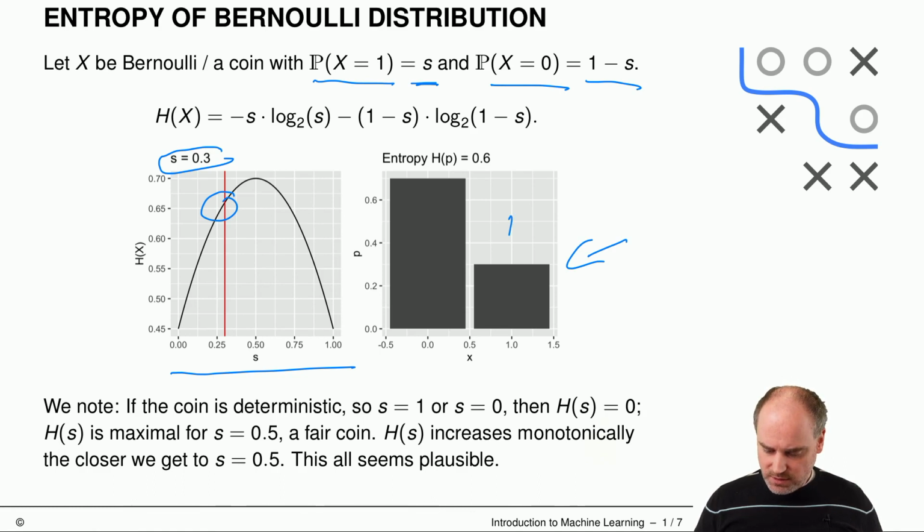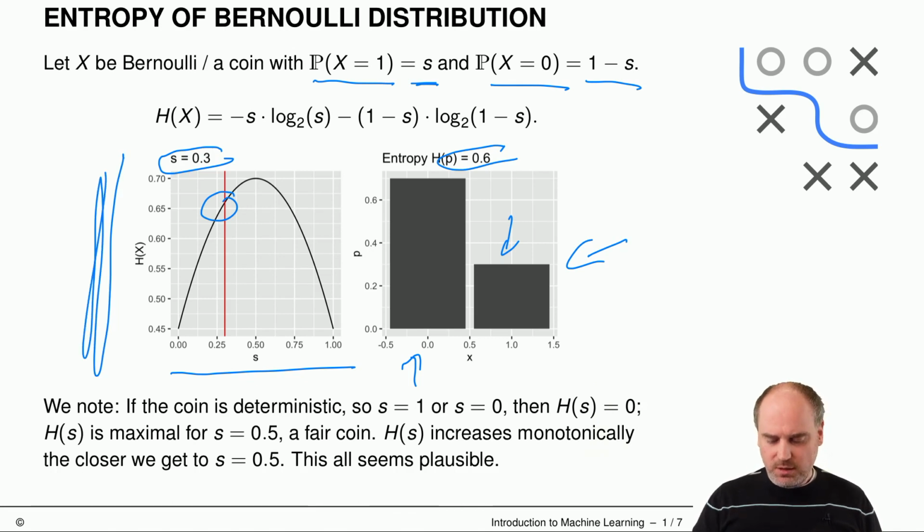So apparently it's 30% for x equals 1 and 70% for x equals 0. We can now calculate the entropy by applying exactly the formula as we have introduced it before. And in this graph, you can now see the entropy for each and every success probability S.